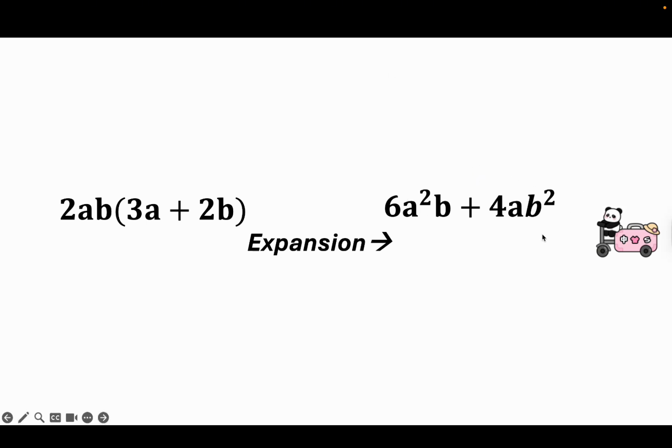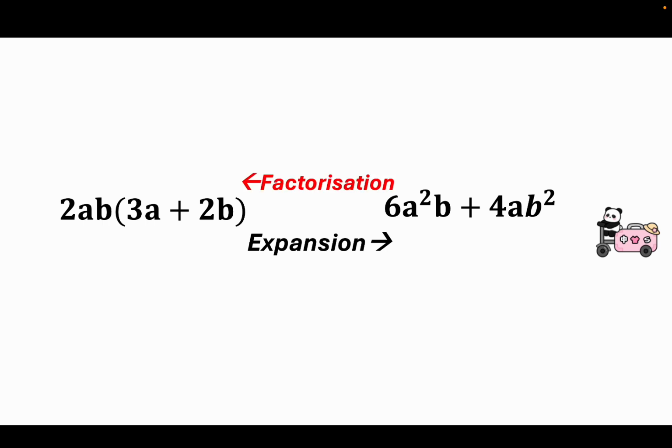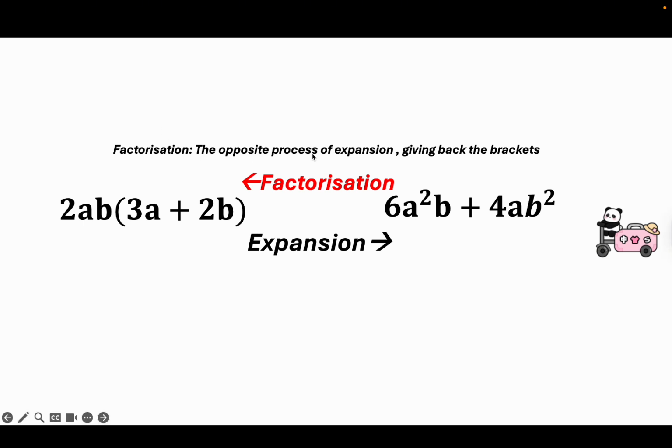Today we are going to learn the opposite process, which is factorization. In this process we will be giving the brackets back, turning something that looks like this into something that has a single bracket in there. Just remember, factorization is the opposite process of expansion, and we are giving back the brackets.